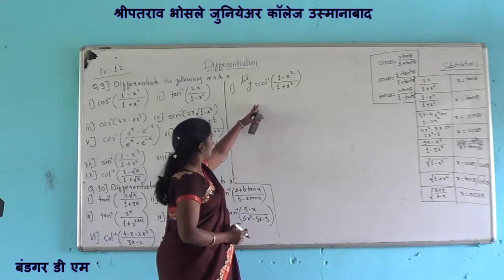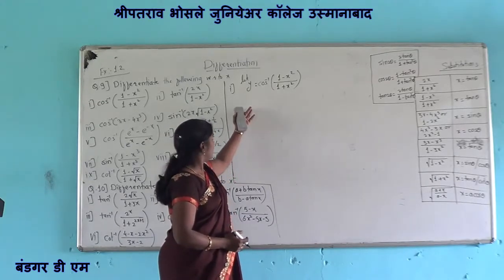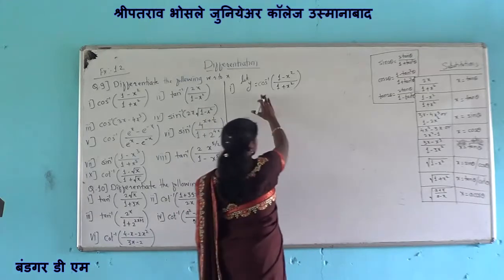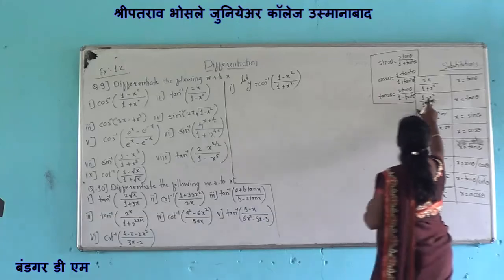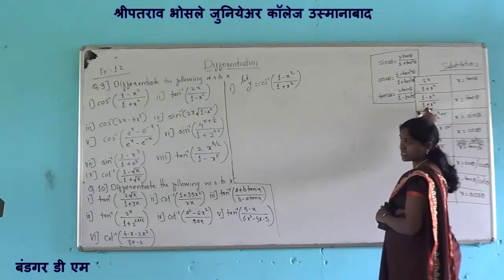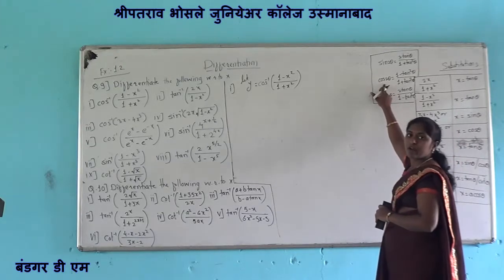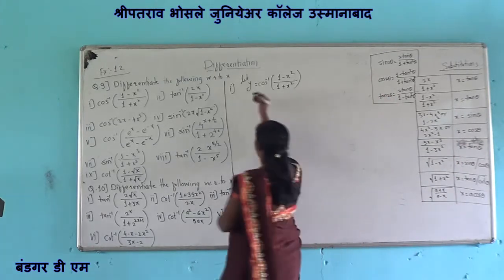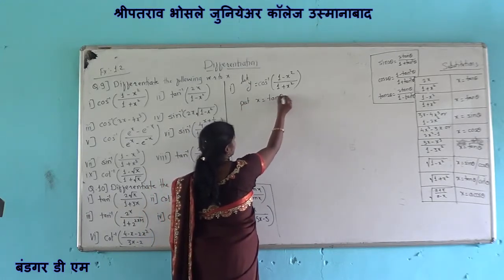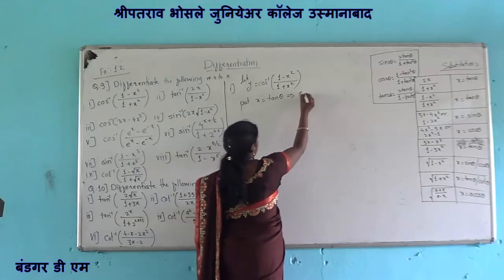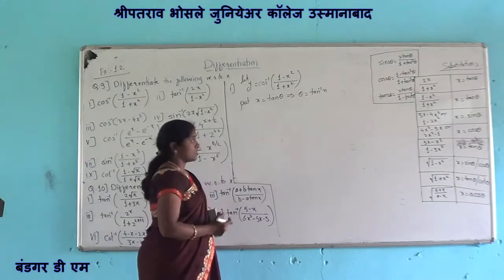Now, we have the form 1 minus x square by 1 plus x square. So, we will put x as tan theta to get the formula for cos 2 theta. So, put x is equal to tan theta, so that theta is equal to tan inverse x.